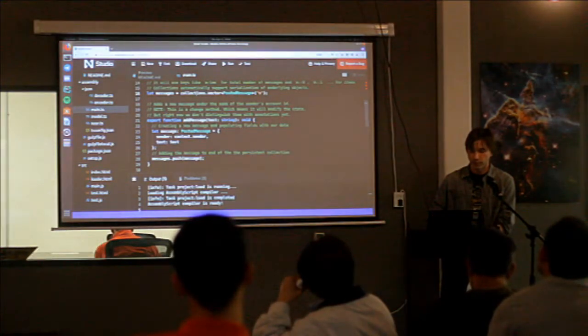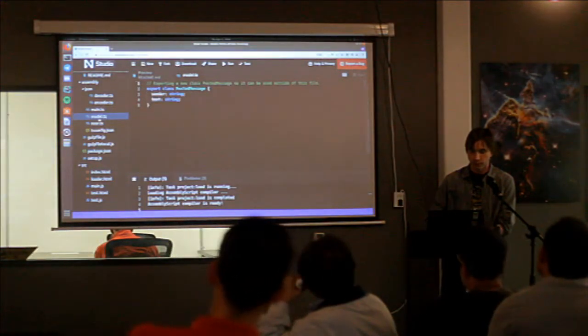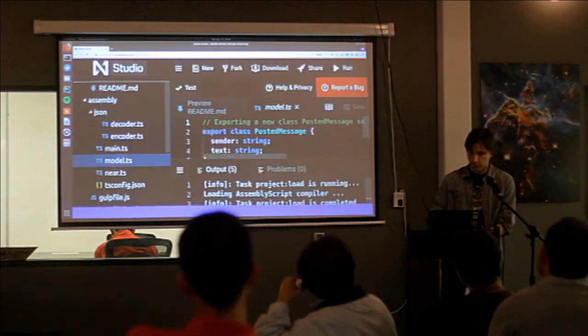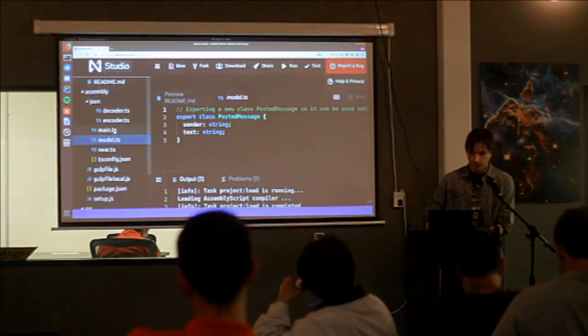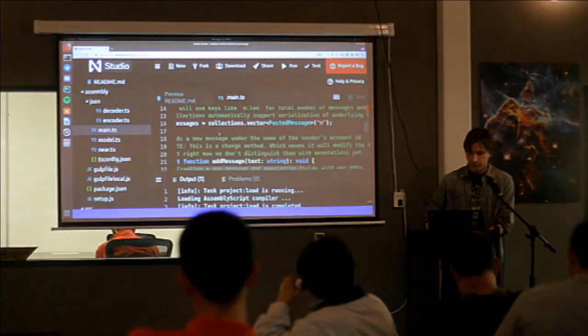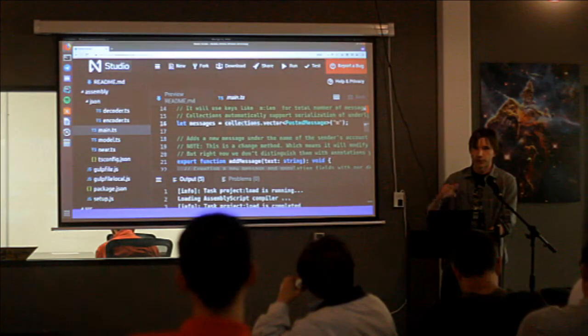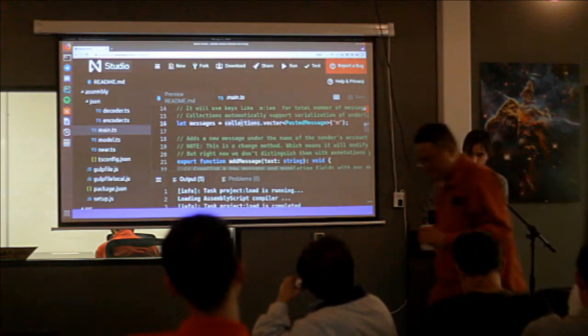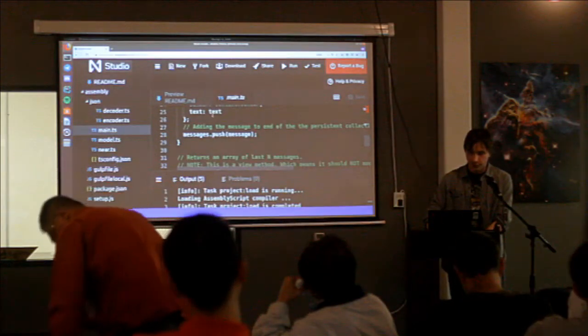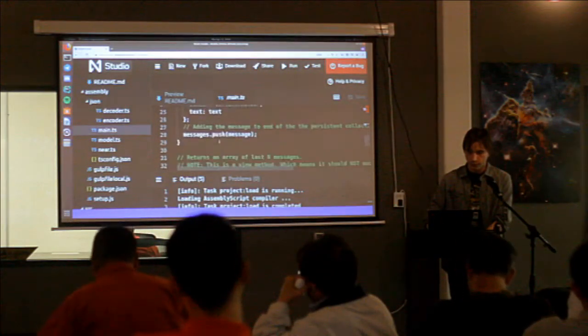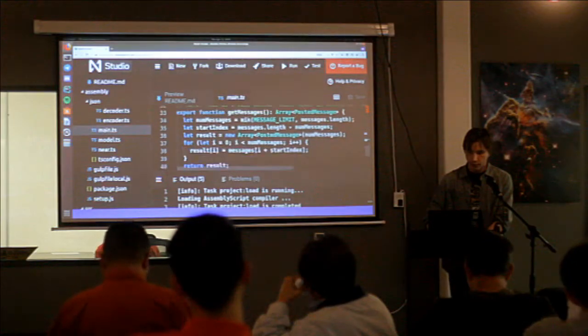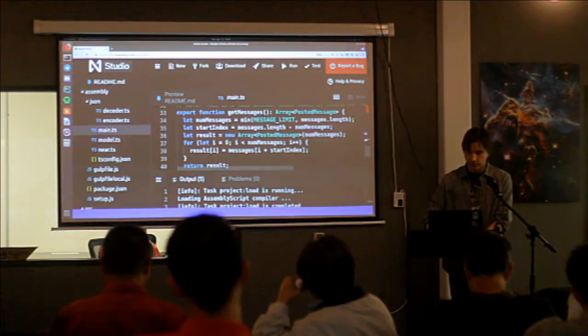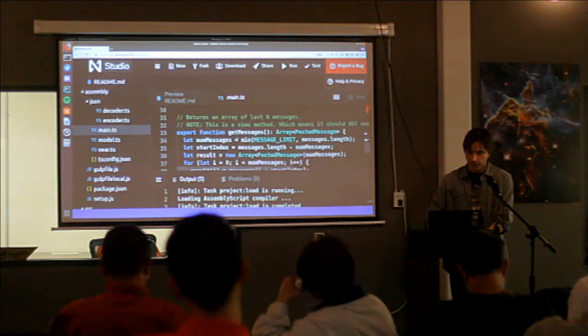And so the vector of posted messages is a class defined here. And so the vector of posted messages is effectively a persistent collection. The collection will persist between invocations of the smart contract. And then adding a message is as simple as just creating a message and pushing it to the collection. And then getting messages is as simple as just fetching them from the collection, right?